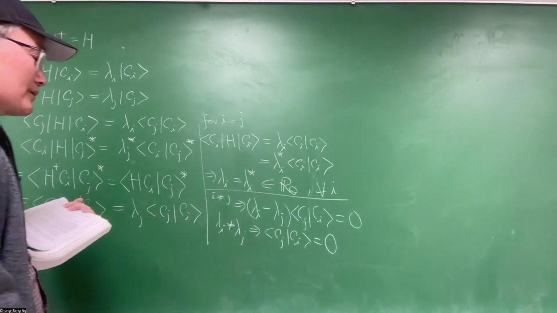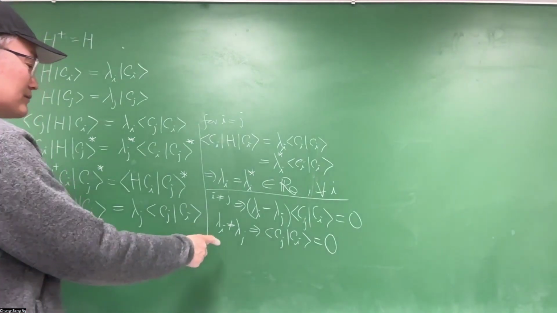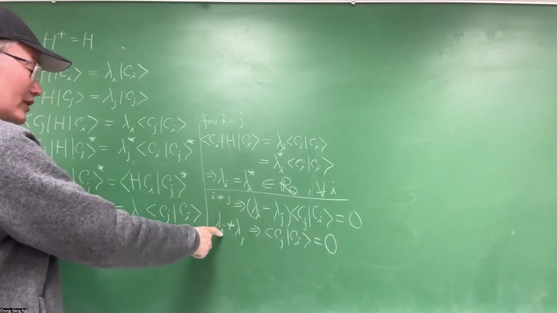Okay. So the second case is when lambda_i equals lambda_j, the degenerate case.